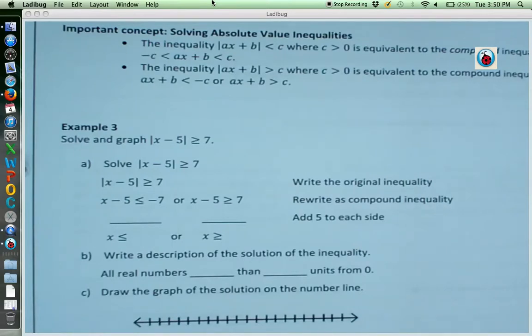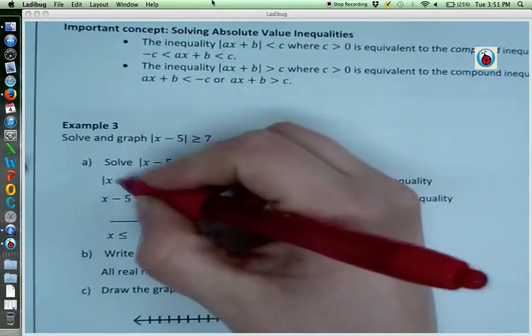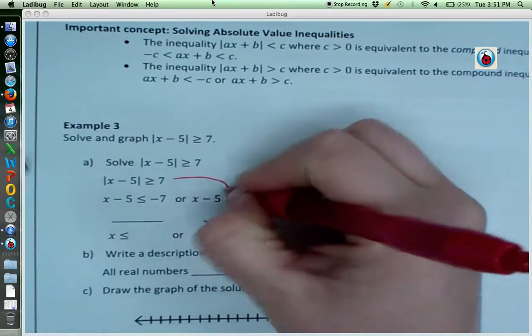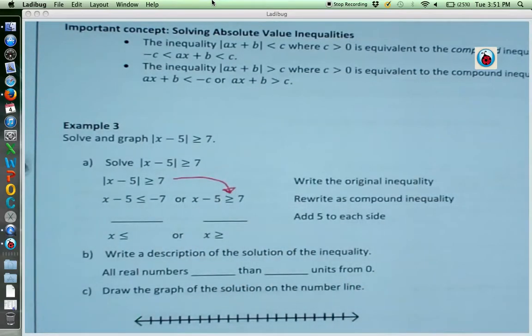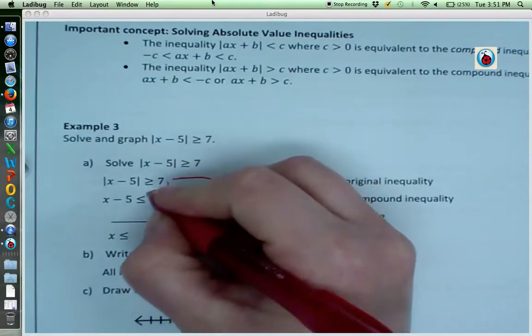We're going to have to do the same thing here. We're going to rewrite it as a compound inequality. So two different options here. Either x minus 5, whatever that is actually greater than or equal to 7. So basically the exact same inequality, just without the absolute value symbol. Or we could have negative 7.